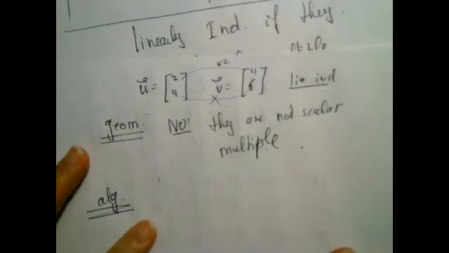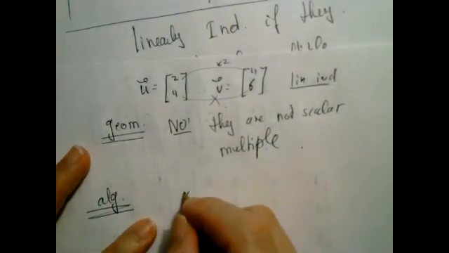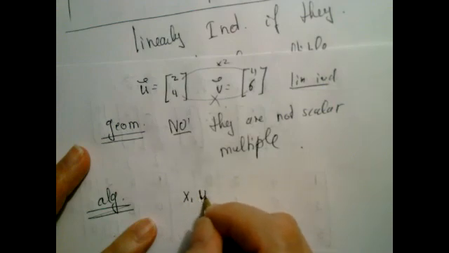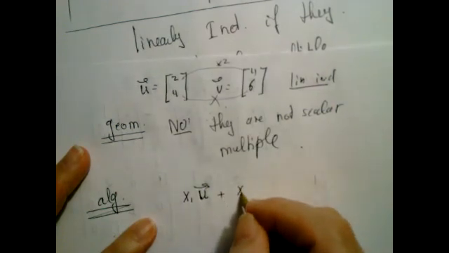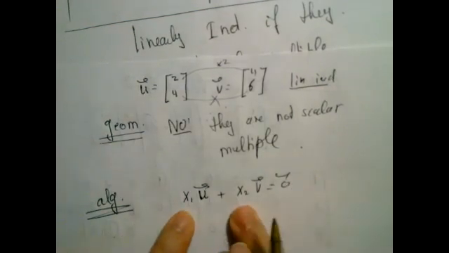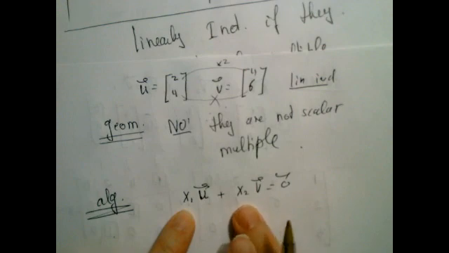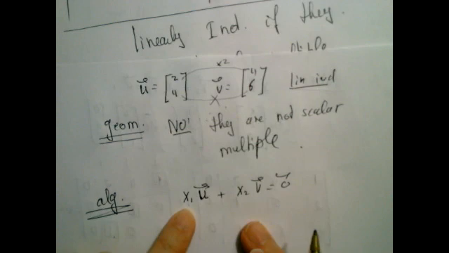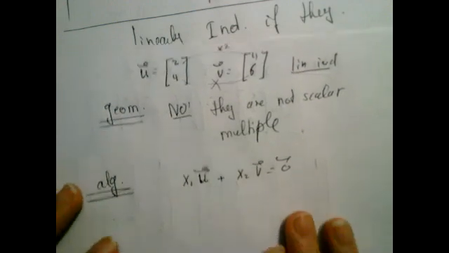That's geometric. Now, algebraically. But as I said, most of the time we have to do them algebraically. How do we show them algebraically? I ask myself, I want to solve this equation. Can I find non-zero weights that make this equal to 0? We know no way, because if I can find them, I can write them as scalar multiples. But still we're going to do it algebraically because we have to.